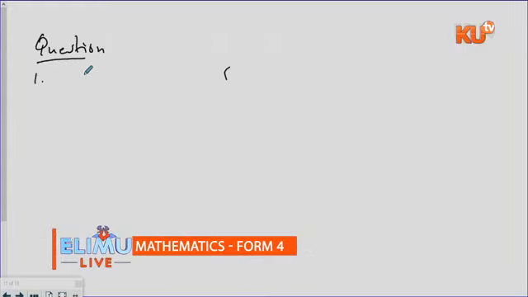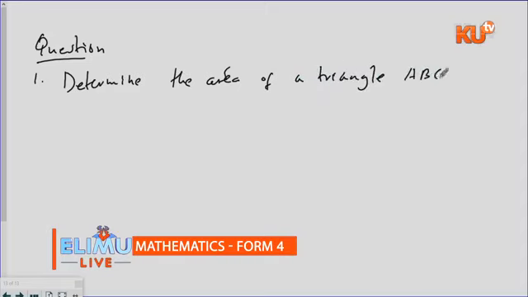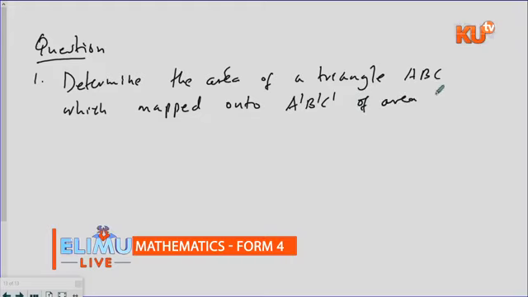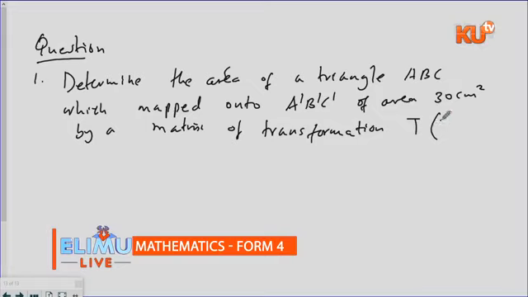You are told to determine the area of triangle ABC, which is mapped onto A prime, B prime, C prime of area 30 centimeters squared by a matrix of transformation T, 3, 1, 4, 7.